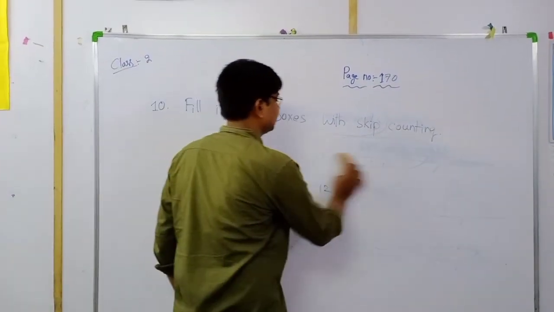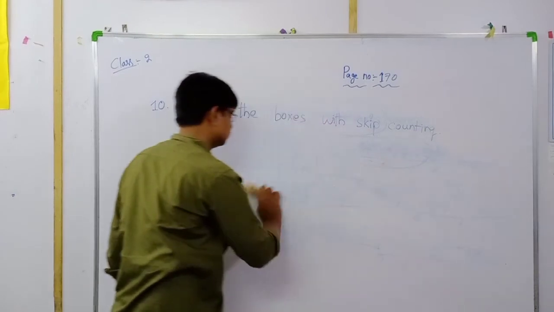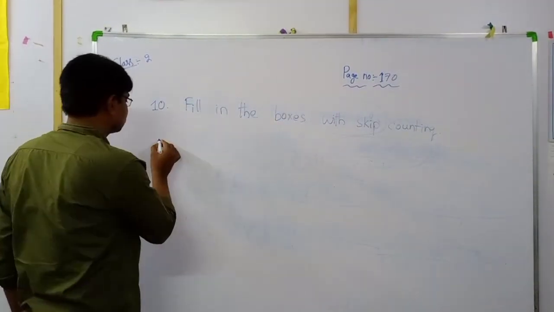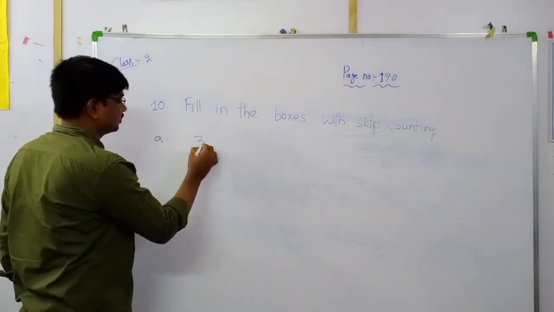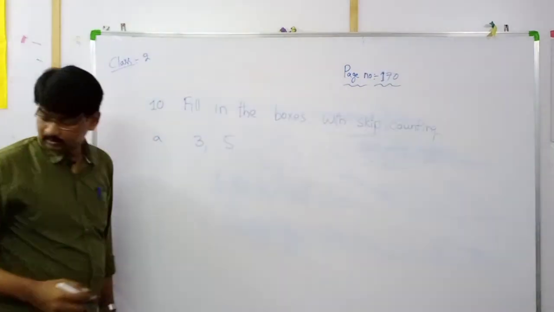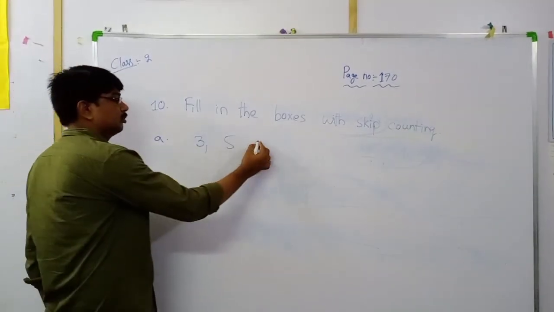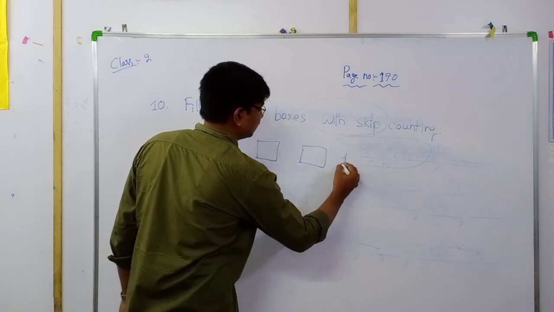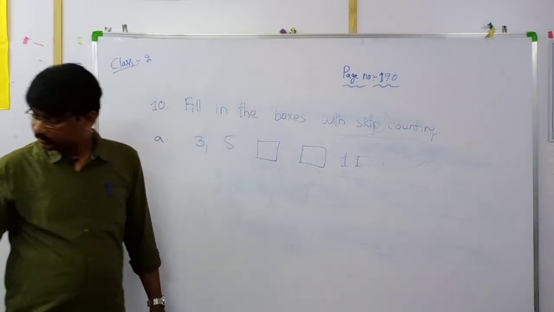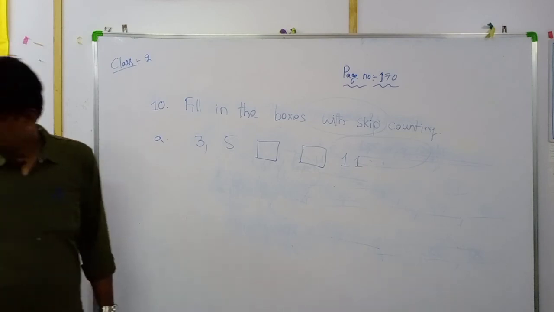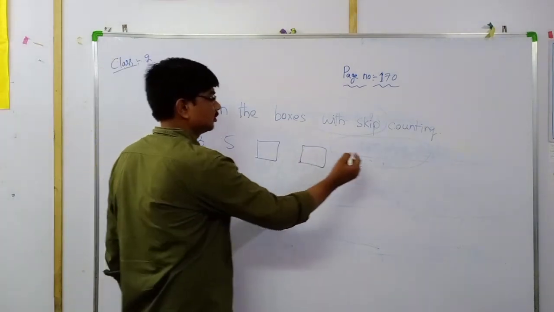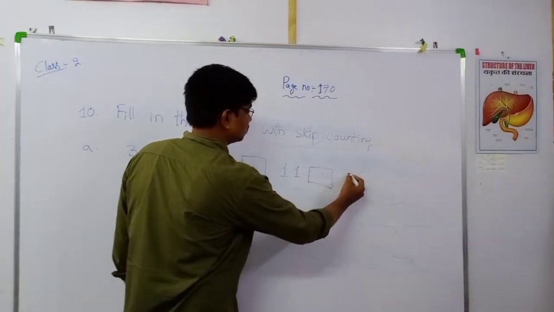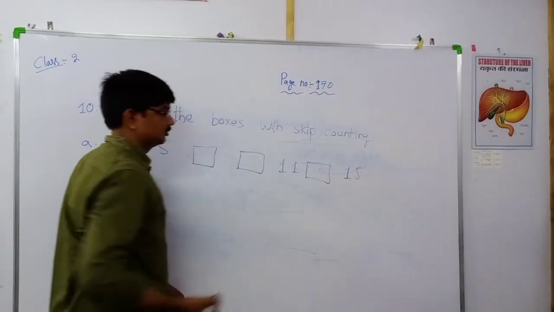In your textbook, page number 170, question number A: 3, 5, box is given, one more box, 11, and 15.